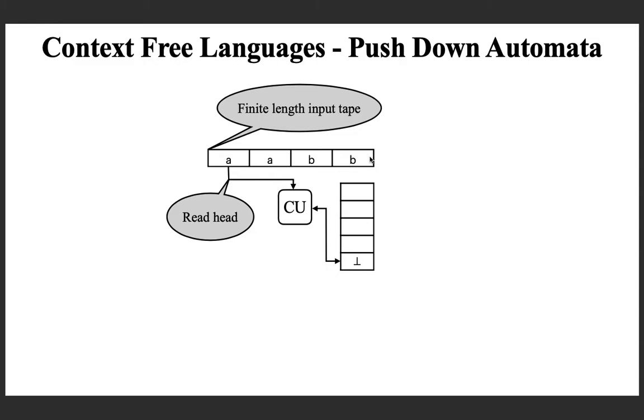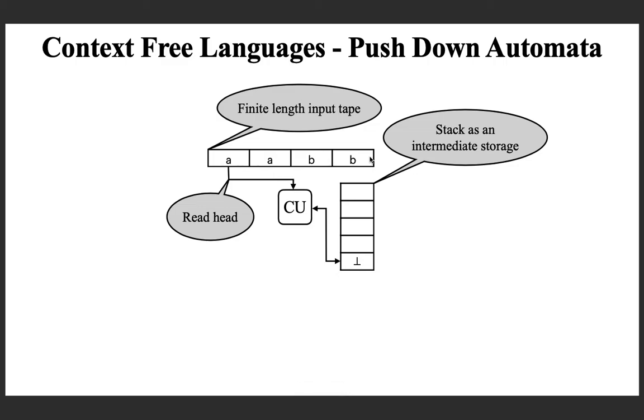In addition to these two, we have a stack as an intermediate storage. That is the only additional component when compared to a finite state automaton. So, we have the top of the stack pointer to access the top of the stack. Now, it is only this simple.